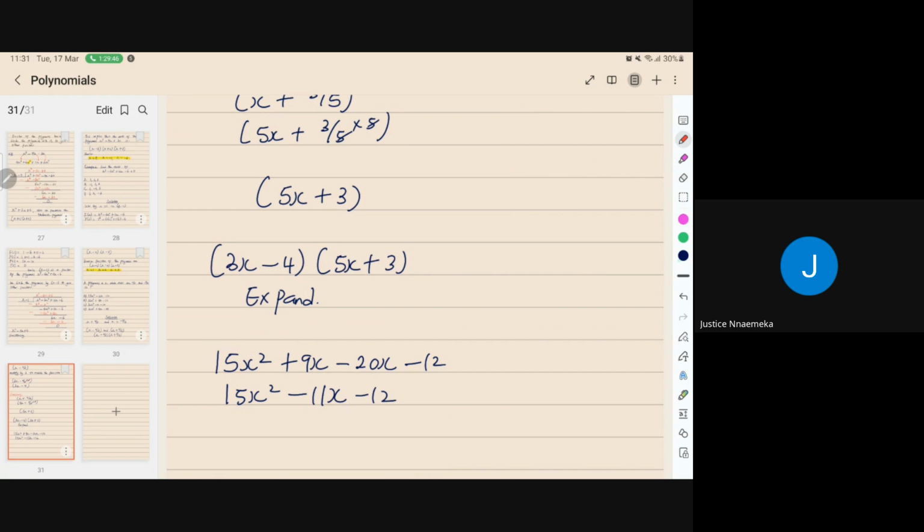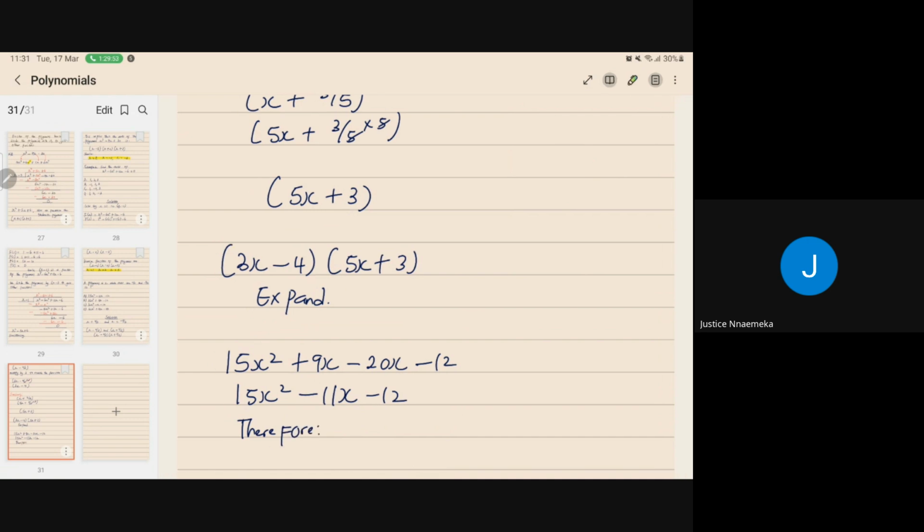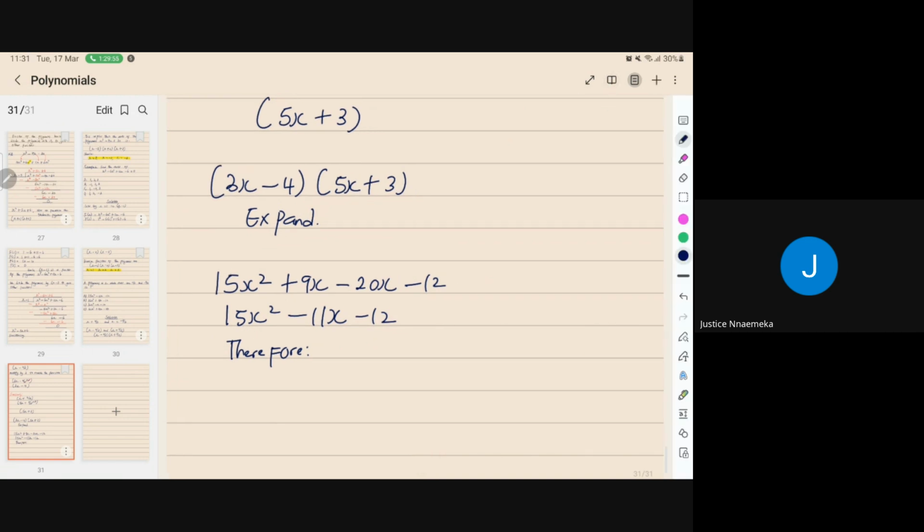You should have, therefore, that the quadratic polynomial will be equal to 15x squared minus 11x minus 12.